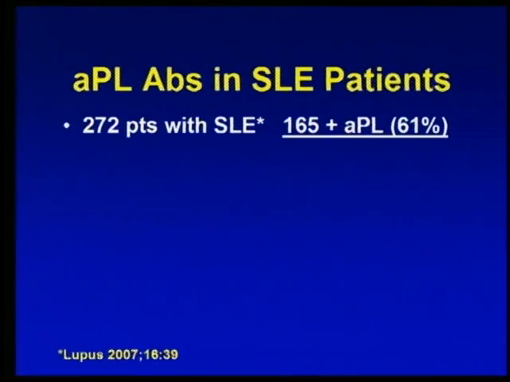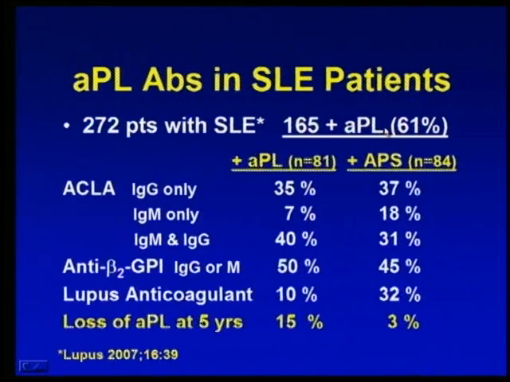This paper that came out just earlier this year in the journal Lupus looked at 272 consecutive patients with lupus and assayed all of them for the presence of the antiphospholipid antibodies, and found that among the 272 patients, a little over half had these antibodies. 165 had these antibodies.